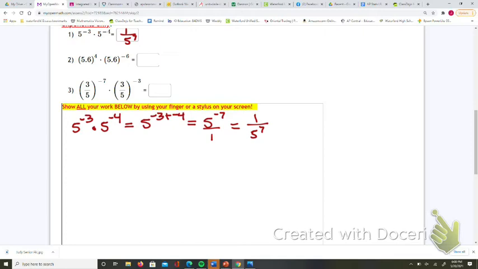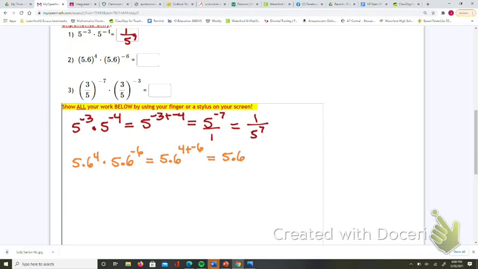Okay, now we're on number 2. So we have 5.6 to the 4th times 5.6 to the negative 6. And that equals 5.6 to the 4 plus negative 6.